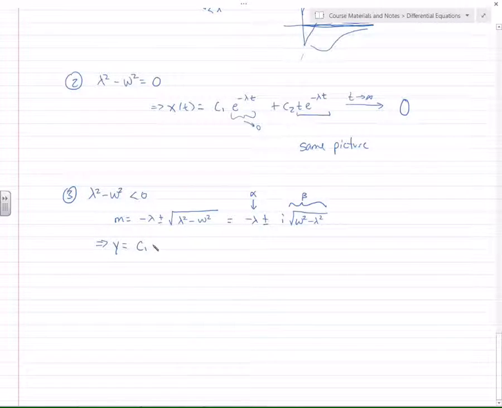So you've got C1 e to the negative lambda t cosine of the square root of omega squared minus lambda squared t, plus C2 e to the minus lambda t. There's a t inside here, sorry. Sine of the square root of omega squared minus lambda squared t.